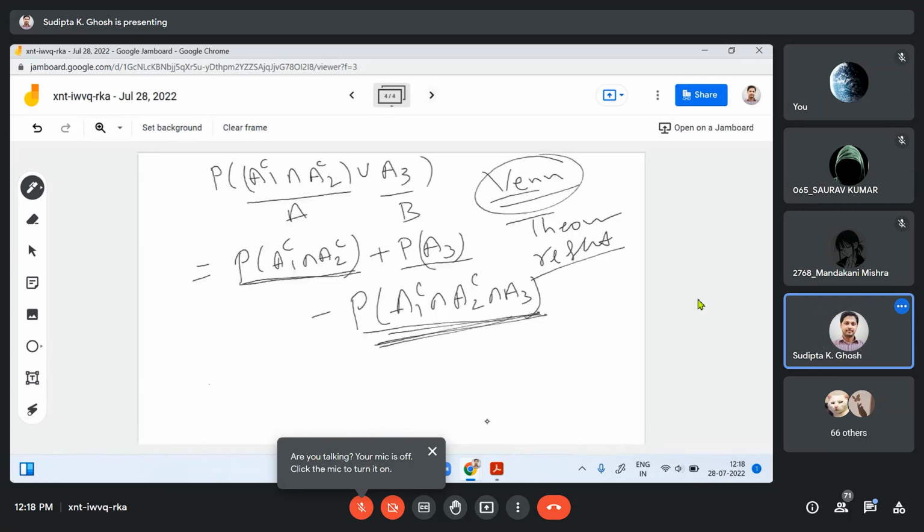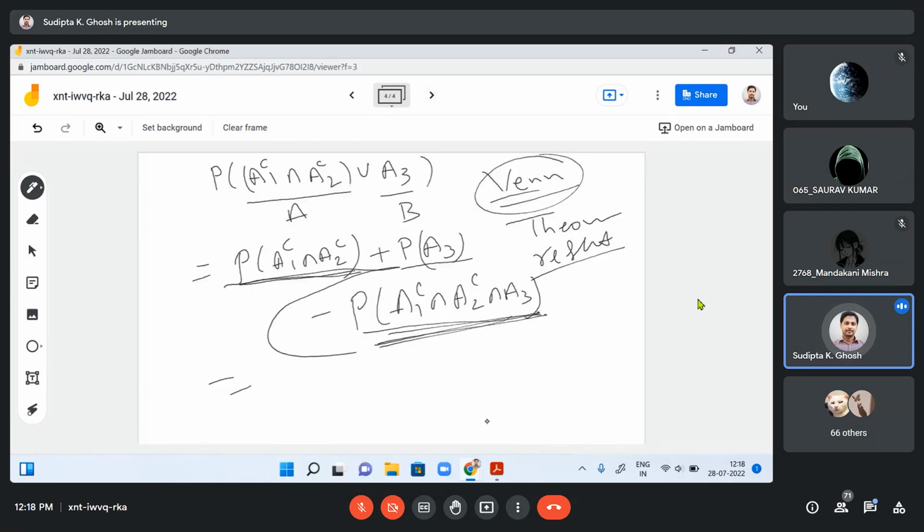So now, can I calculate the total value of this part? Probability of A1 complement plus A2 complement plus A3 minus the probability of A1 complement intersection A2 complement intersection A3. So I can easily calculate the value. Here I have the option to apply my theoretical grounds, because I can think of the total matter like A union B. That's why I am applying the theoretical.